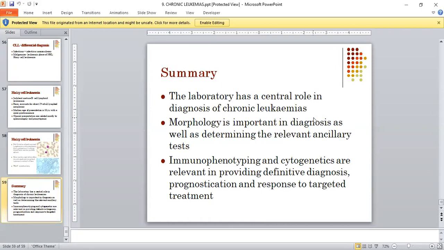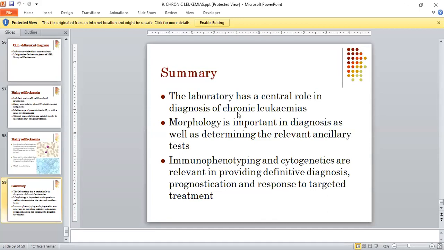So in summary, for all this, not just for even chronic leukemias, the major thing that is important is the lab work: the full blood count, the peripheral blood film, the immunophenotyping to identify stuff like the Philadelphia chromosome, to identify the Reed-Sternberg cells.